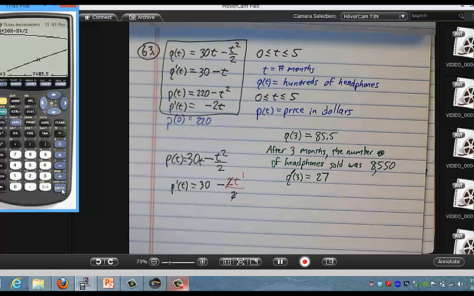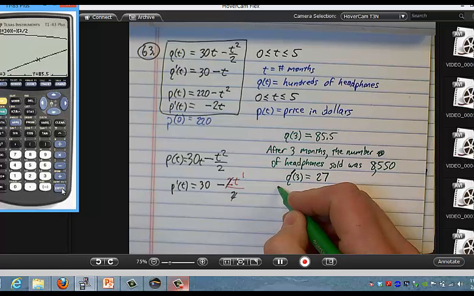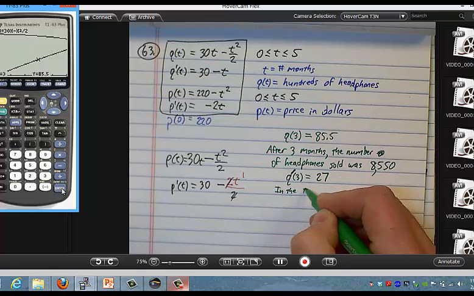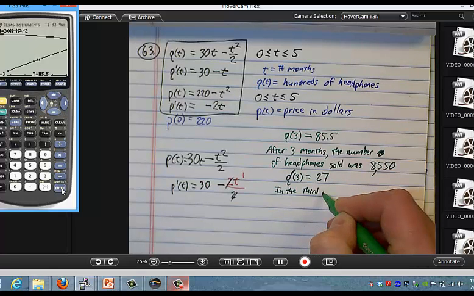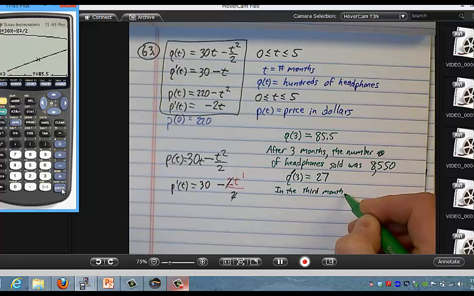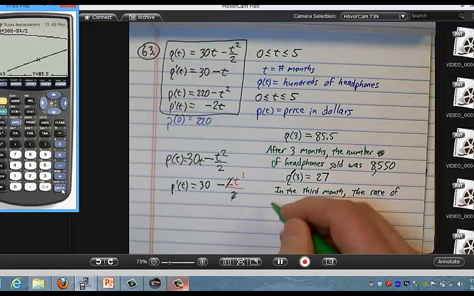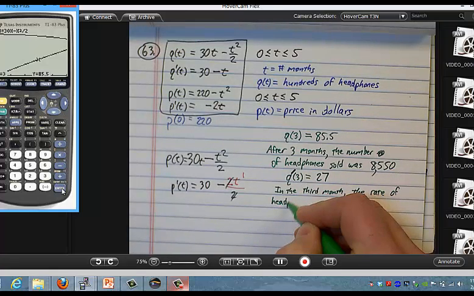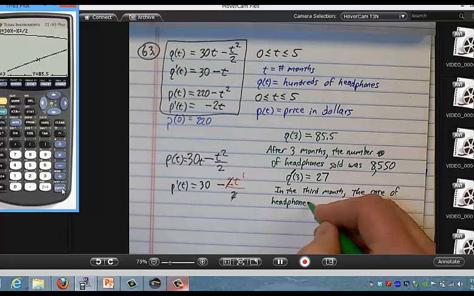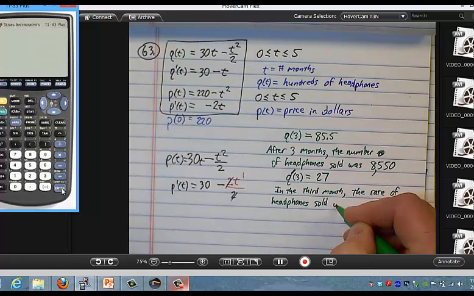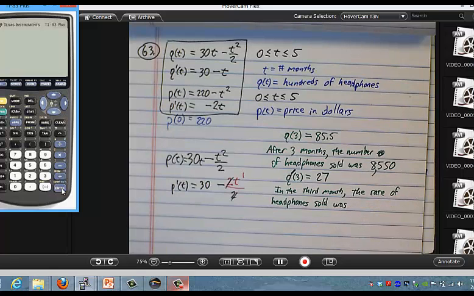So to interpret that, I would say, in the 3rd month, the rate of headphones sold, if you want, was, now what am I going to say? Usually we'll use the words increasing or decreasing. What are we going to say about the headphone sales here?